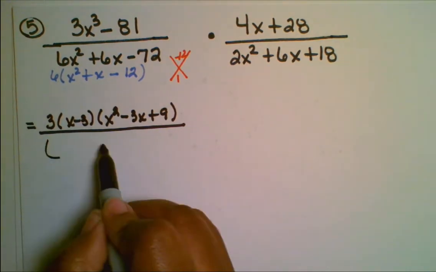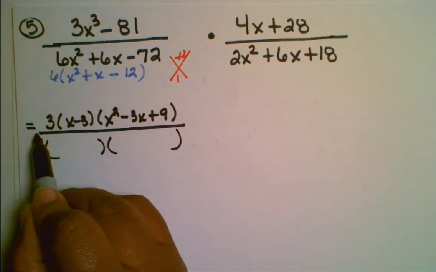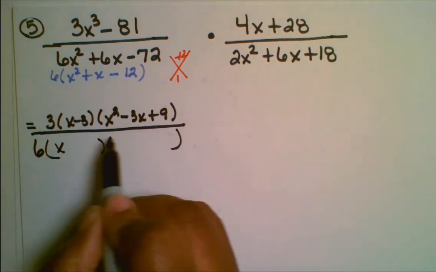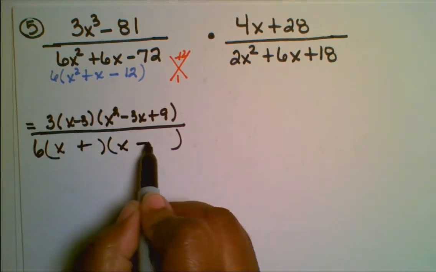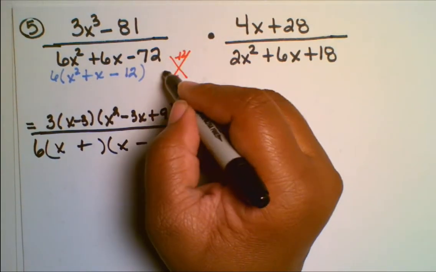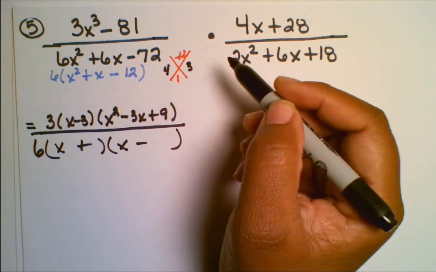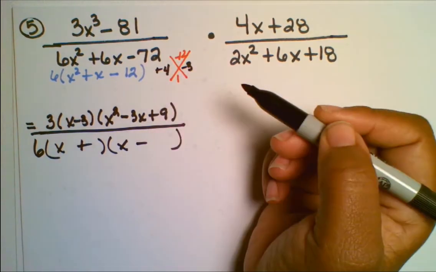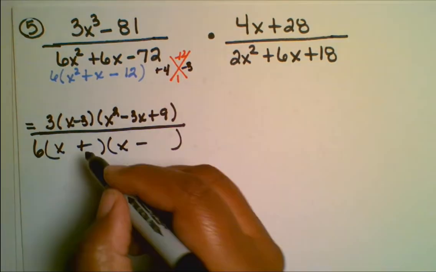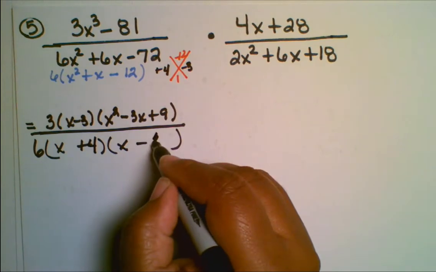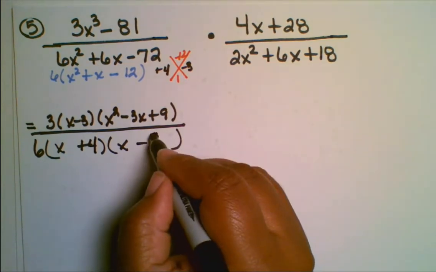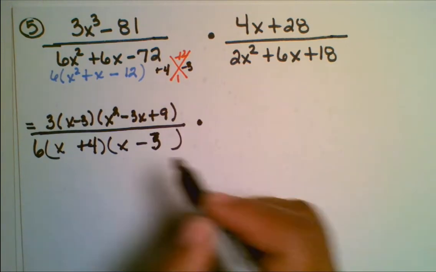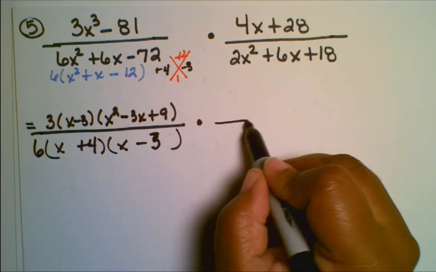So set up your template. Don't forget about the 6 that we factored out. x and x, signs are opposite. So we're going to be using 4 and 3. And we would want the 4 to be positive and the 3 to be negative. Times, and we're finished with that trinomial.